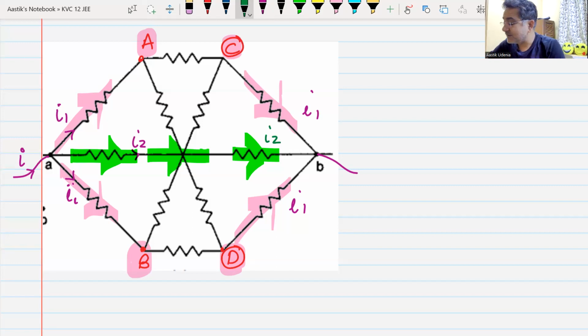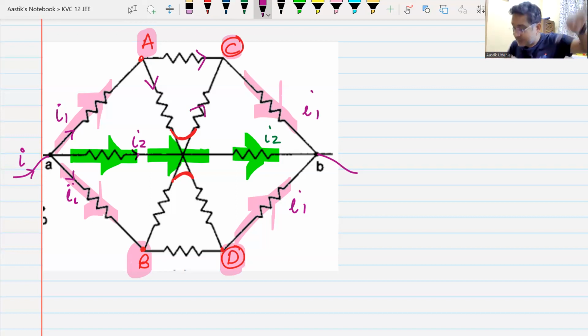Now, what do you mean by this green current going through? That means these two resistors we can assume are not connected to the main center. They are just connected like this. So this connection disappears and you have one branch like this, and the other two branches are completely separate of each other. Once they are separate, it's simple to understand that the current here will break into two branches.